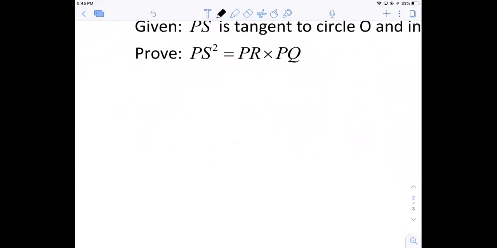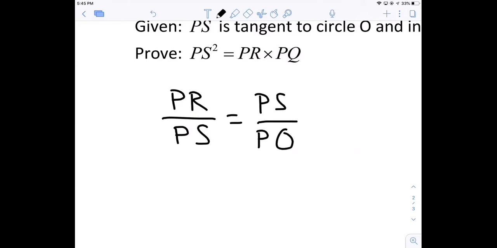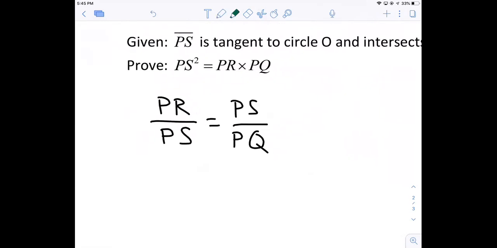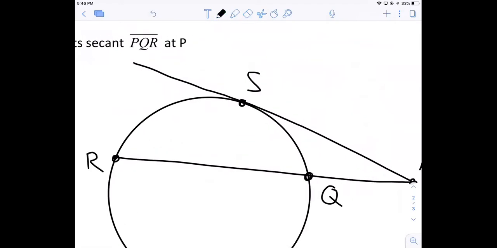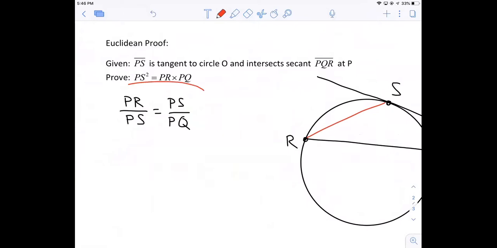If PS is the mean proportional, then can't we say that PR over PS equals PS over PQ? So if I look along the top, I see the letters P, R, and S. So that's probably one of the triangles that we're going to have to construct, because obviously to prove this, we know we're going to be using CSSTP. So we got to prove two triangles similar.